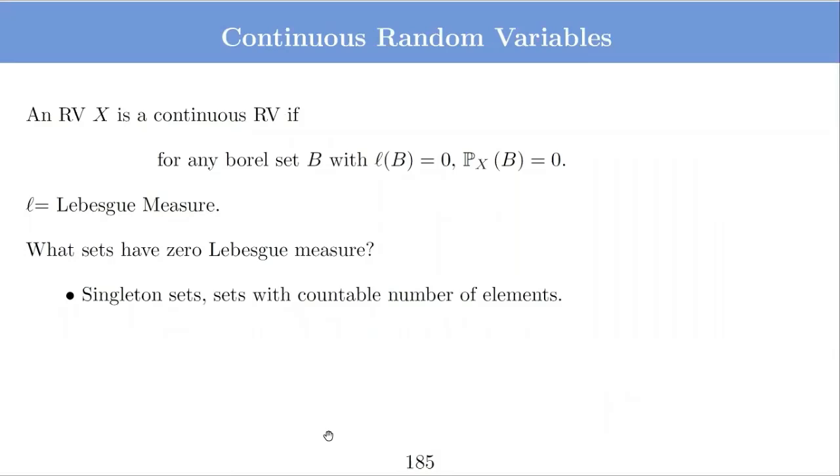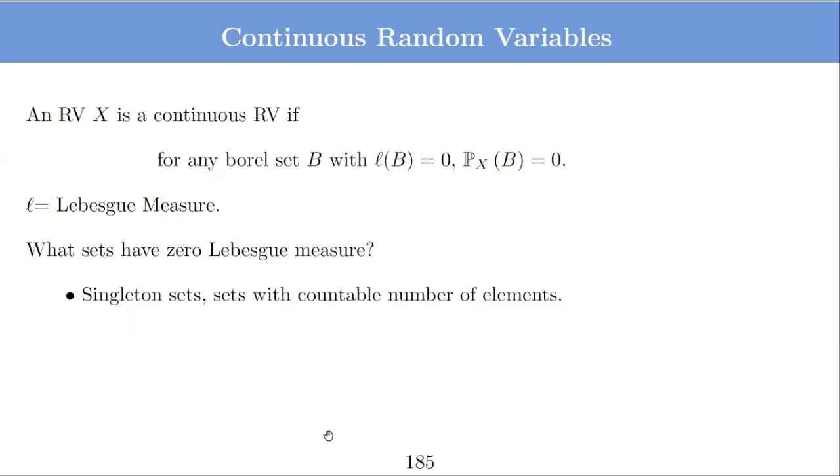A random variable X is a continuous random variable if for any Borel set B with Lebesgue measure 0, the probability law of that set is 0. So if any Borel set with 0 Lebesgue measure has probability 0, then this random variable is called a continuous random variable.